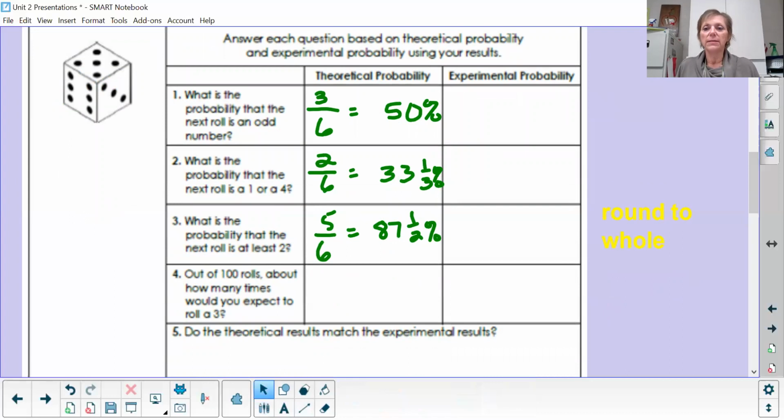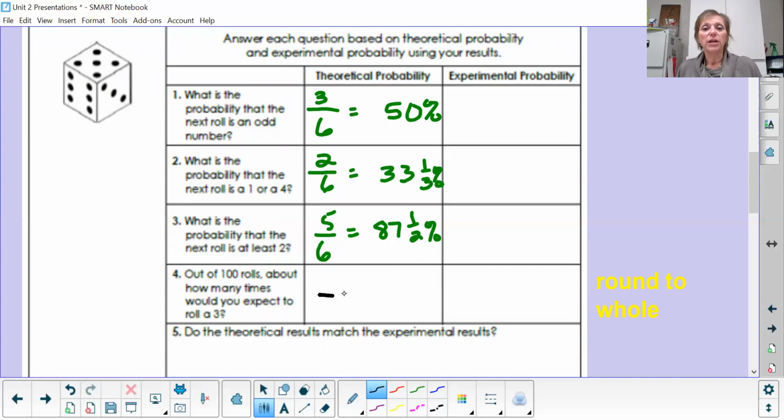Okay, now notice this little round to whole. We're fixing to use this. Okay, out of 100 rolls, and now notice these ask the probability. Probability, probability, probability. But this says about how many times would you expect to roll a 3. Okay, so we're not looking for percent. We're not looking for probability. We're looking for how many times would you expect to roll a 3, if you rolled it 100 times.